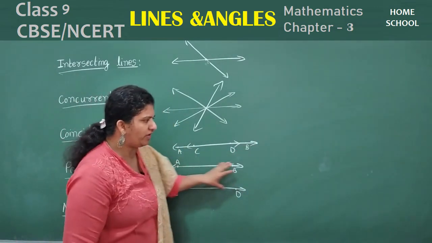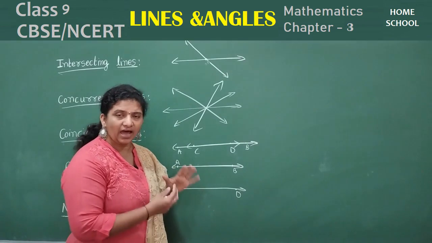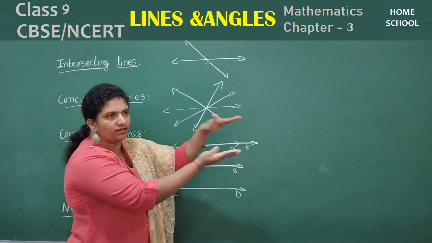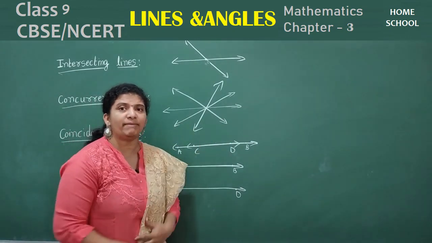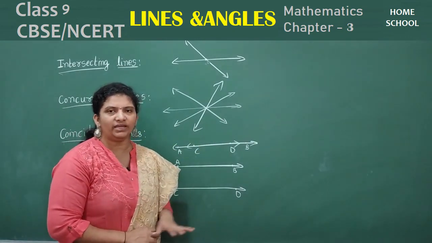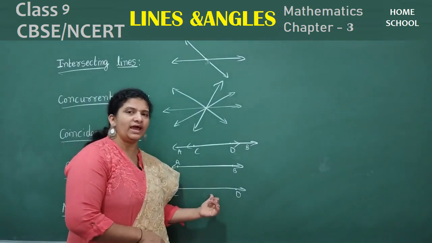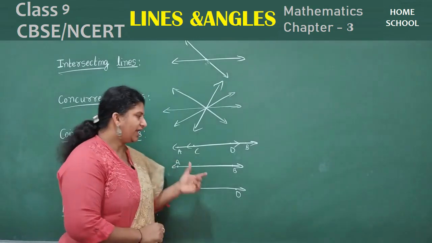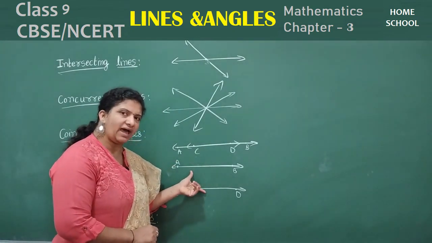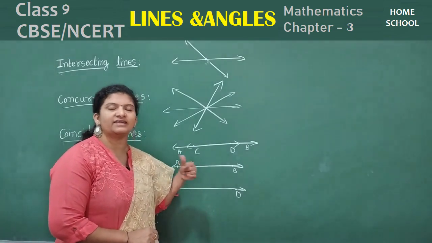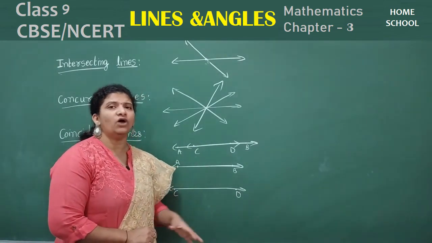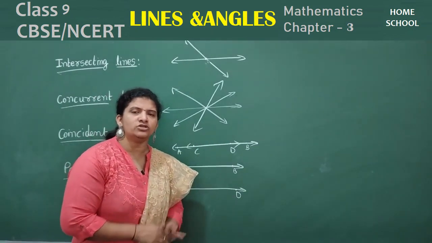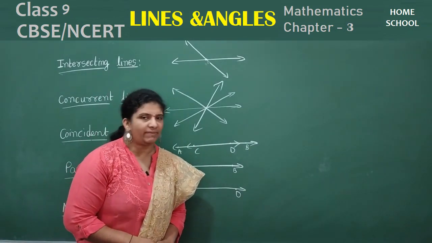In the same way, they will be extended. But are they meeting at any point? No. If they are extending like this or this side, they will be extending parallelly, but they never meet. And these two lines have no common point. When two lines are extended indefinitely without having any common point and they never meet, those types of lines are called parallel lines.